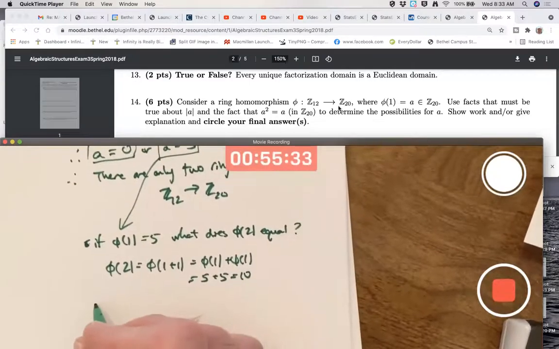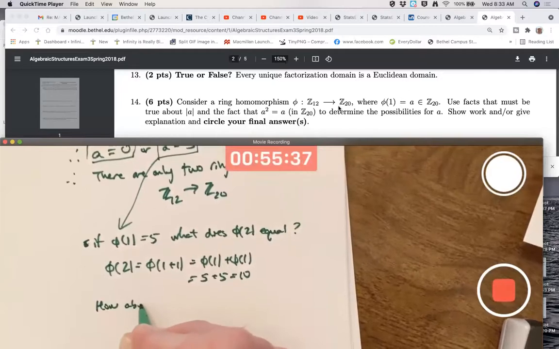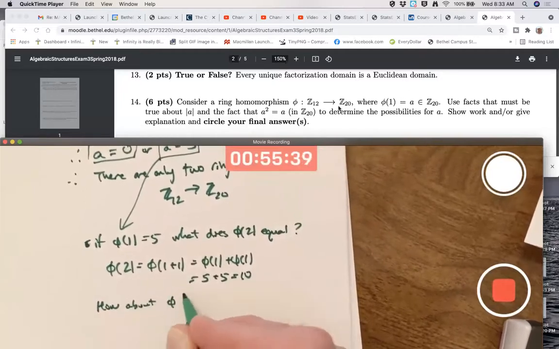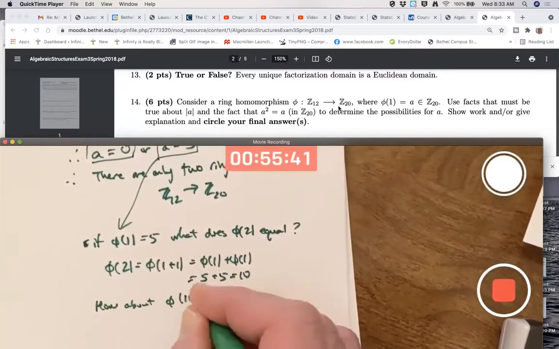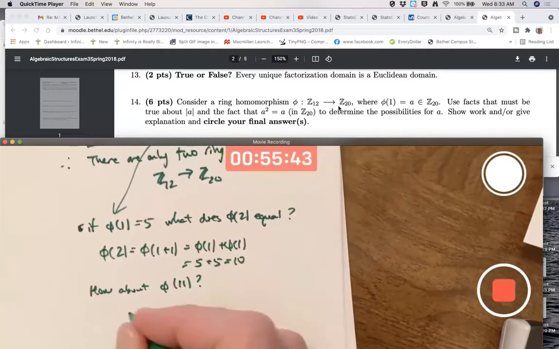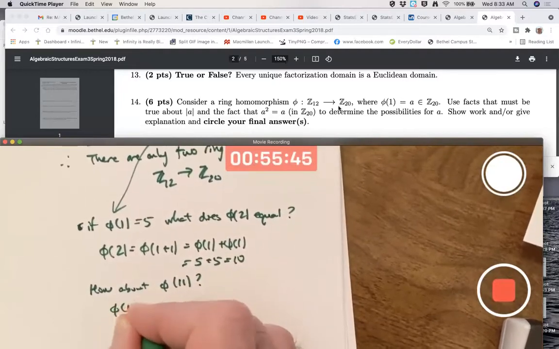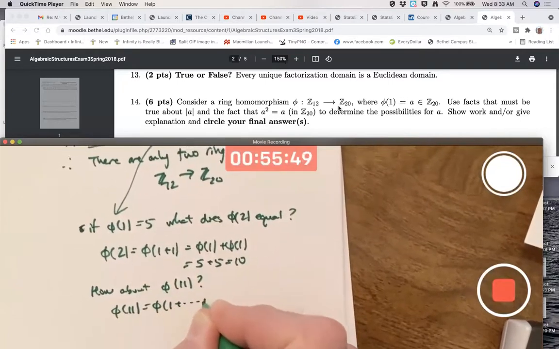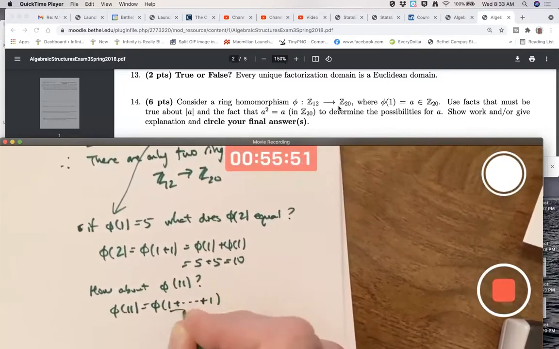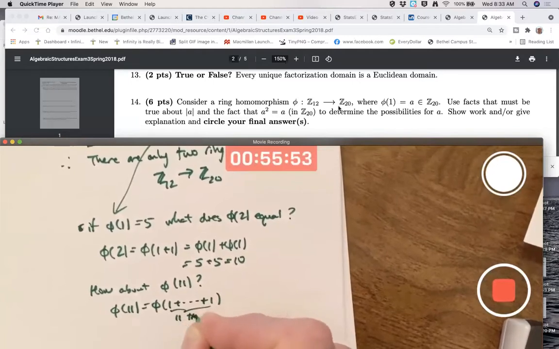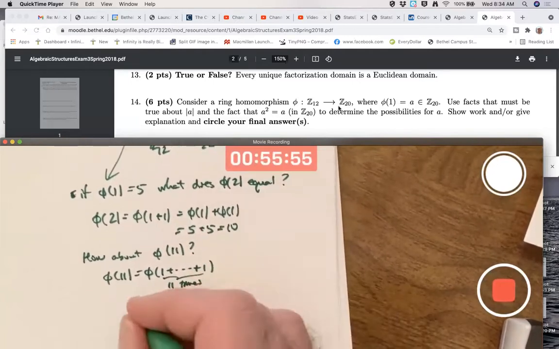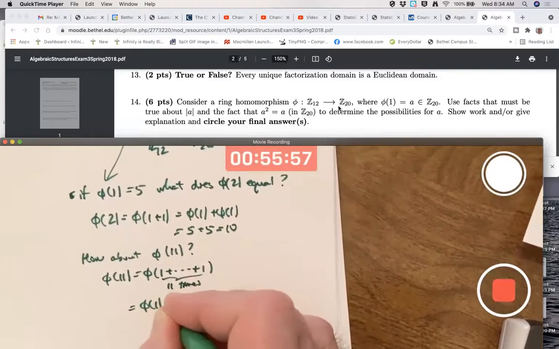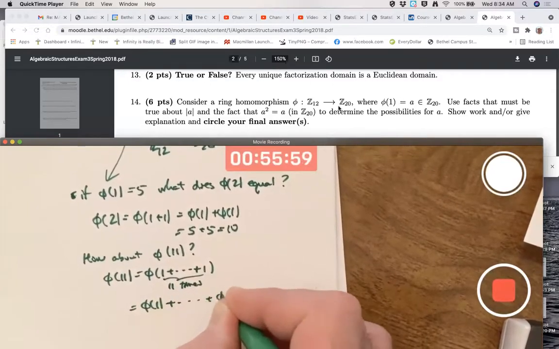A more interesting example would be something like, how about phi of 11? 11 would be 1 added to itself 11 times. That's going to be phi of 1 added to itself 11 times.